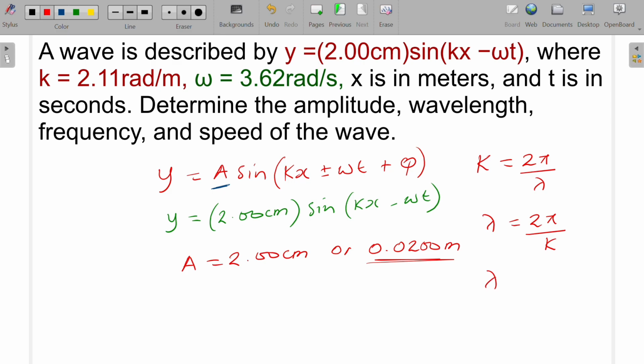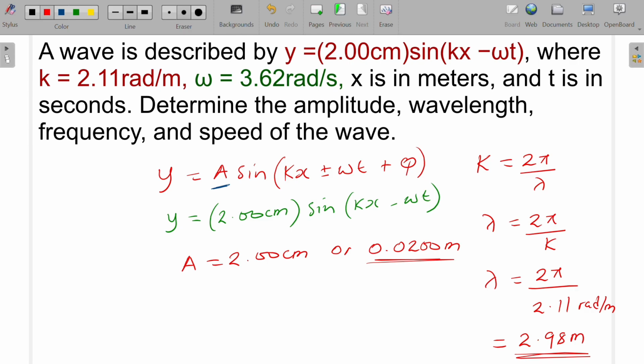Remember, we're given the value of k, and 2 pi is a constant, so our wavelength will be equal to 2 pi divided by 2.11 radians per meter. So all we have to do is punch our calculators. When we do that, I'm getting 2.98 meters. So 2.98 meters is our wavelength.